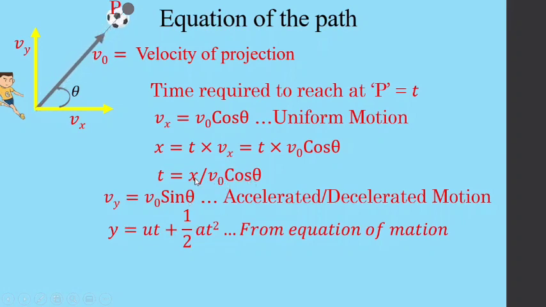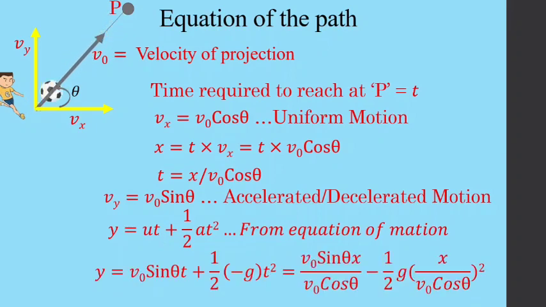Let us use these two equations and replace u and t in the displacement equation. u is replaced by this value, whereas time is replaced by x divided by Vo cos theta. Here you can see there is t, and here it is t square. So this t square becomes bracket x divided by Vo cos theta bracket square.